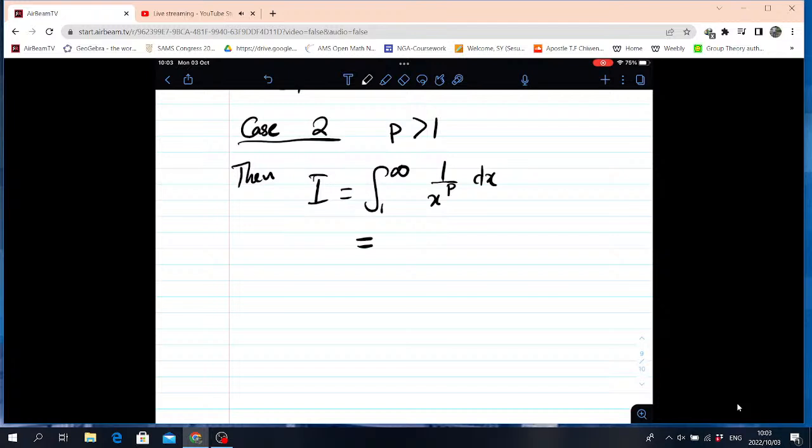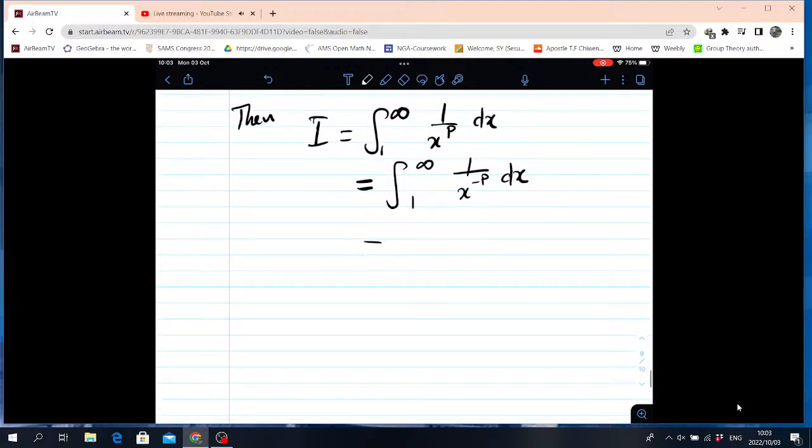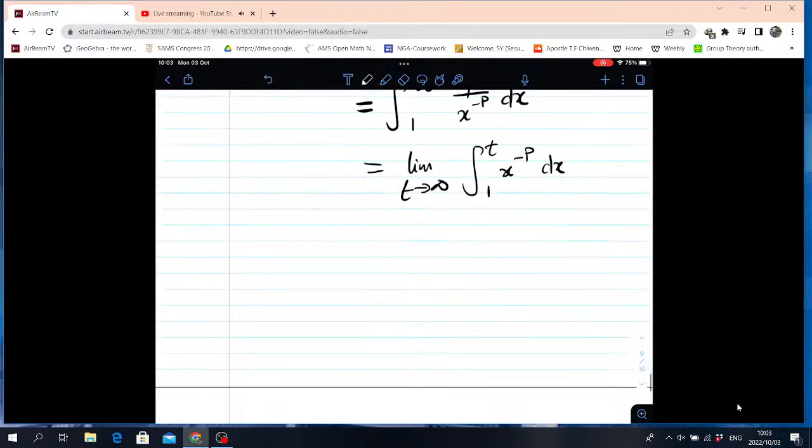Right. So we've got that, and then we can rewrite this as the integral from 1 to infinity of 1 over x to the minus p dx, and this is going to be the limit as t tends to infinity of the integral from 1 to t of x to the minus p dx, right?